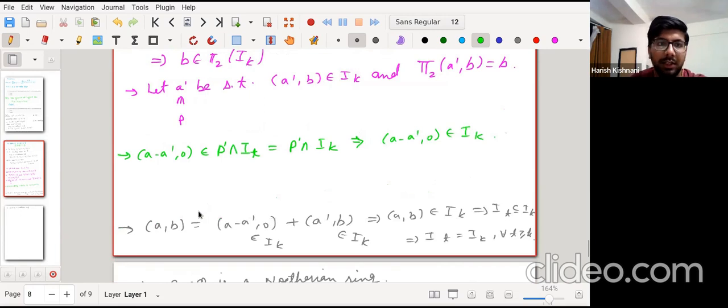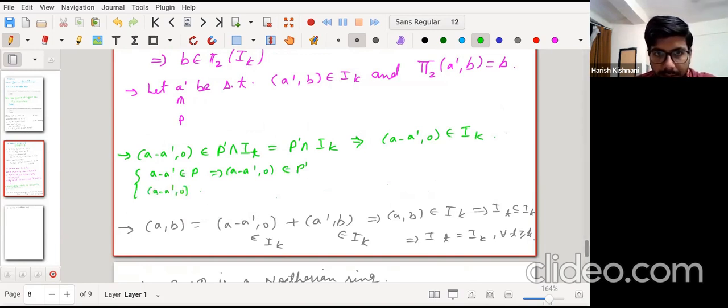The other way to check is this. Why is it inside IT? A minus A dash first of all belongs to P. This implies that A minus A dash comma 0 belongs to P dash. Now, what is A minus A dash comma 0?